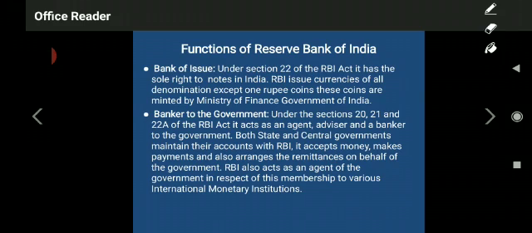Okay. And both state and central governments maintain their accounts with RBI. This is most important. Each state of the country and central government must have their accounts with RBI, for their day-to-day transactions, to get an advisor, to know the banking activities, the norms and conditions, and instructions of the banks.